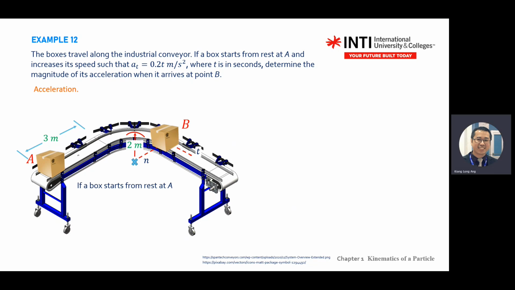Why? Why do you use that one? Then which one? You know that there are 3 equations you can use, right? So which one?